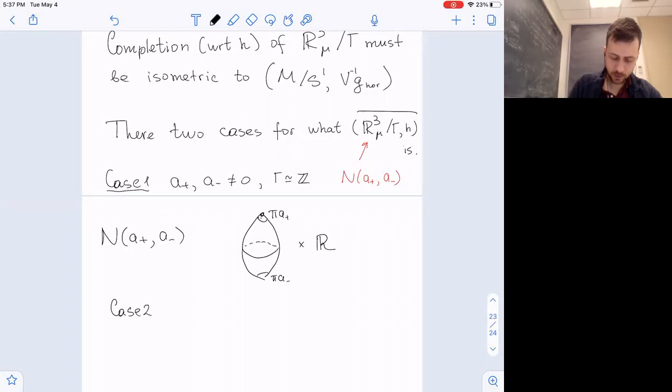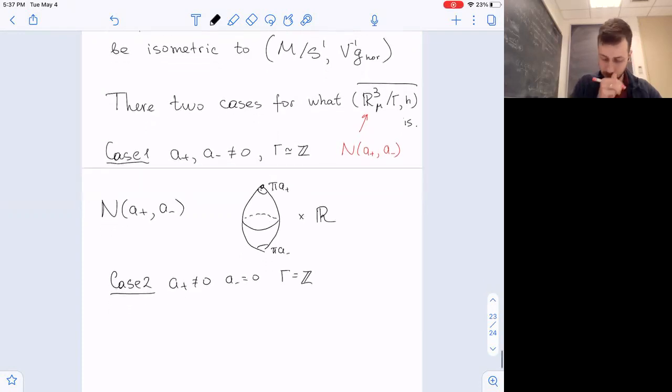And case two is when A plus is say non-zero and A minus is 0 and gamma is still the integers. So in this case, what you get is something similar.